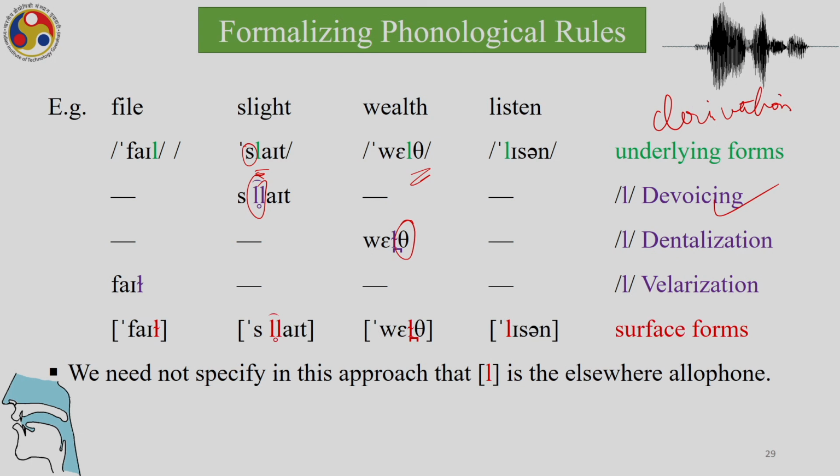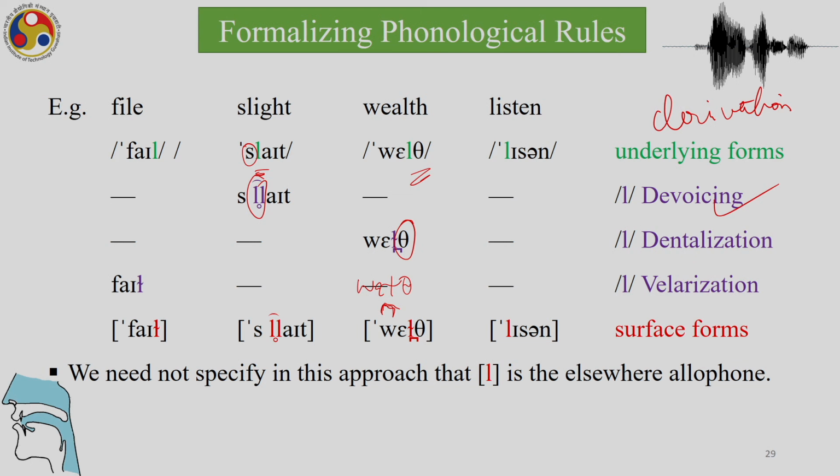And then we have our surface forms, and velarization also involves velarizing a preceding consonant, and as a result we have wealth, we have slight, we have fail, and we have listen.